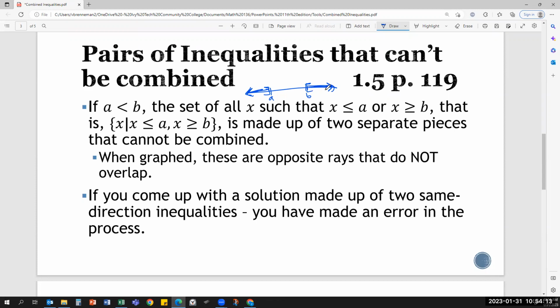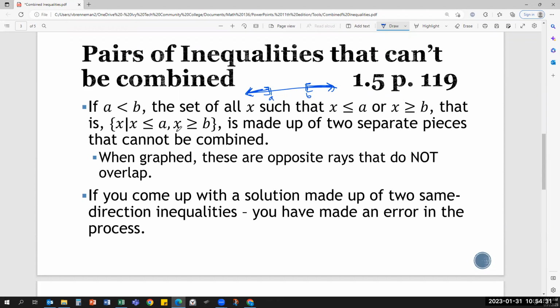Those can't be combined. So we have these opposite rays that don't overlap. So those have to stay as those two separate inequalities: the set of all X such that X is less than or equal to A, and X is greater than or equal to B.